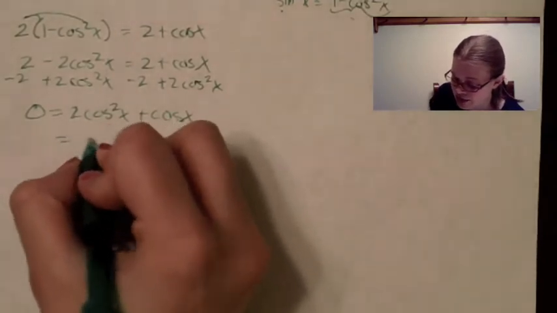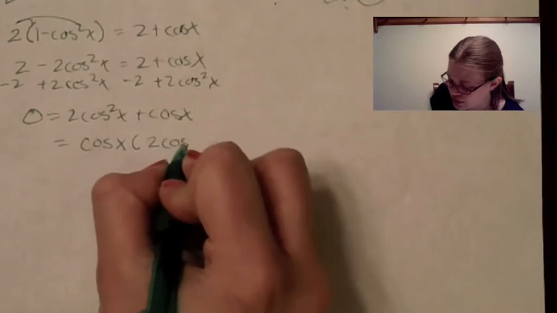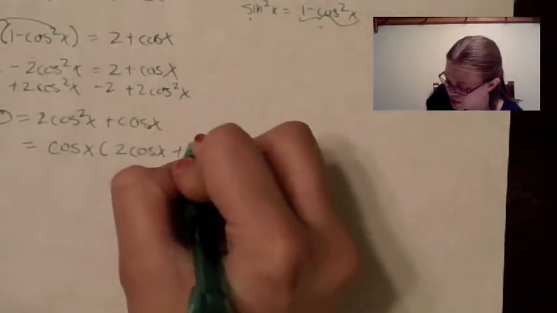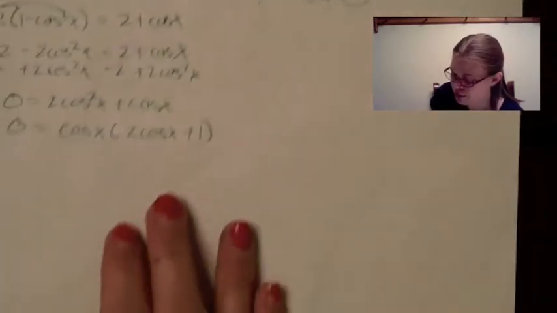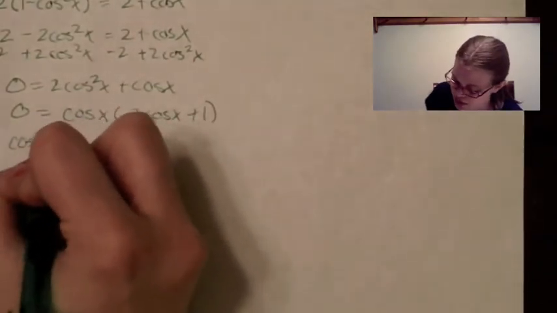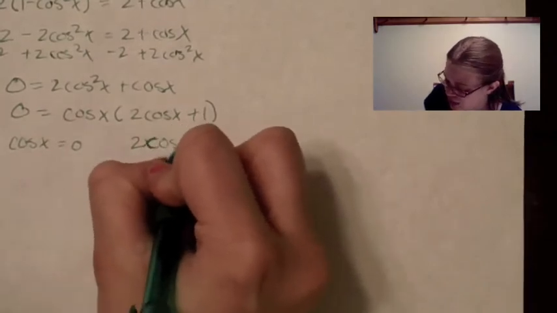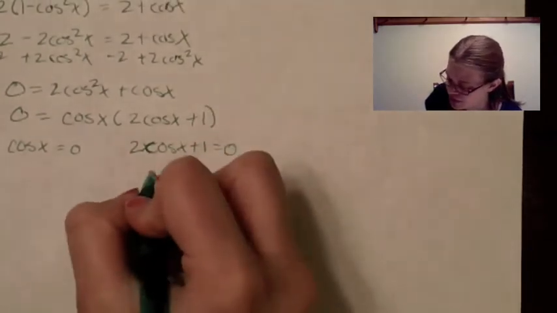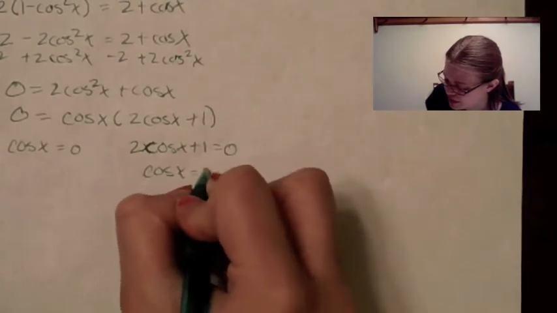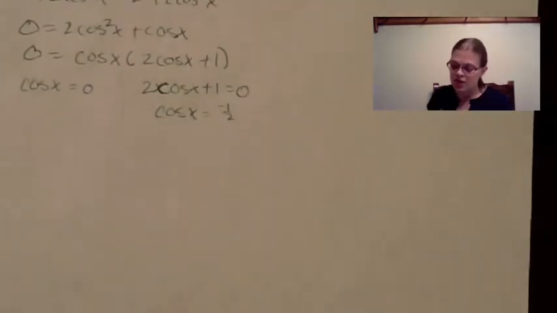So I have a common factor of cosine, so I'm going to take out the cosine of x. So I have cosine x times 2 cosine x plus 1, and these are both equal to 0. So now this is like the problems that you did yesterday where I set the cosine of x equal to 0 and 2 cosine x plus 1 equal to 0. So this simplifies to cosine of x is -1/2 because I take the 1 to the other side, then divide by 2.